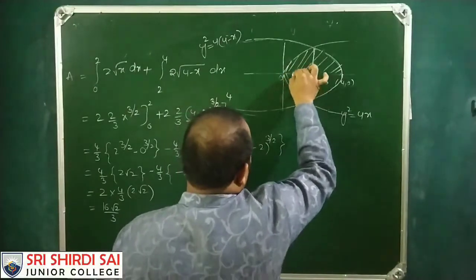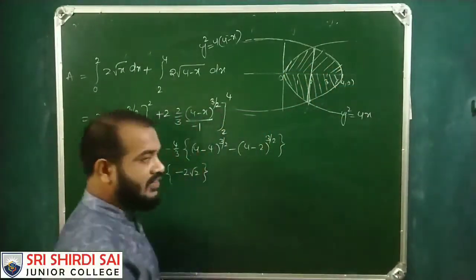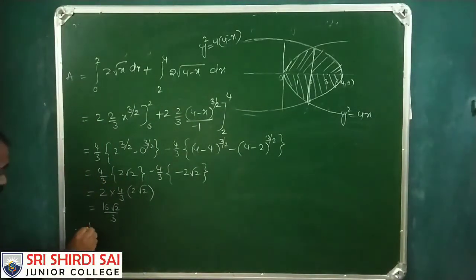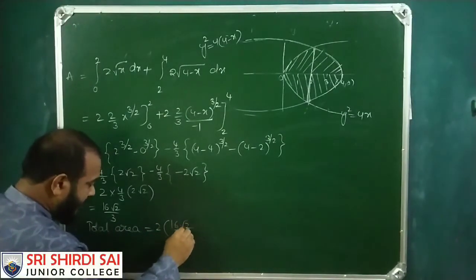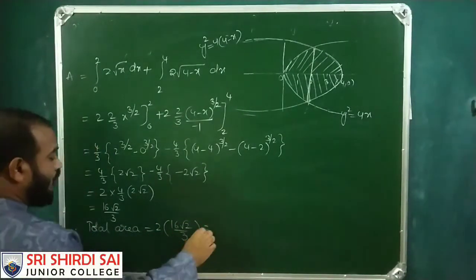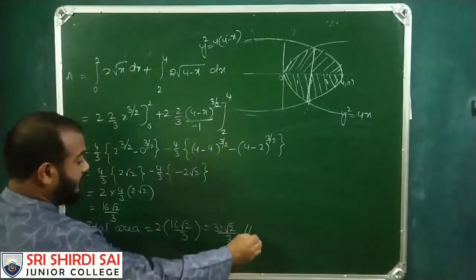If you want the whole area, we have to multiply the result by 2. Therefore, total area is 2 into 16 root 2 by 3, which is 32 root 2 by 3 square units.